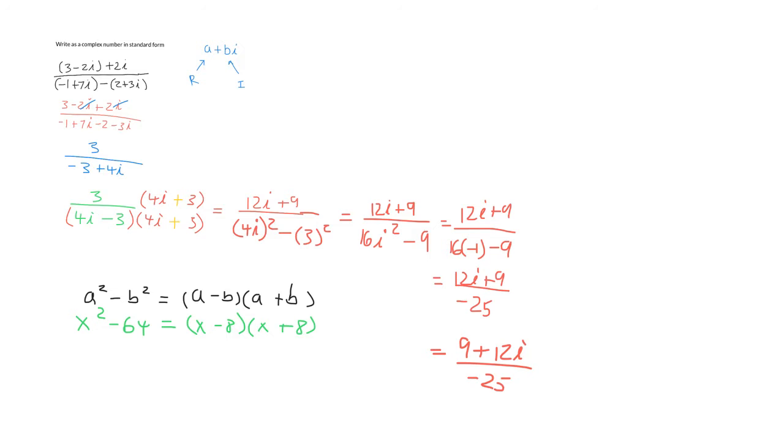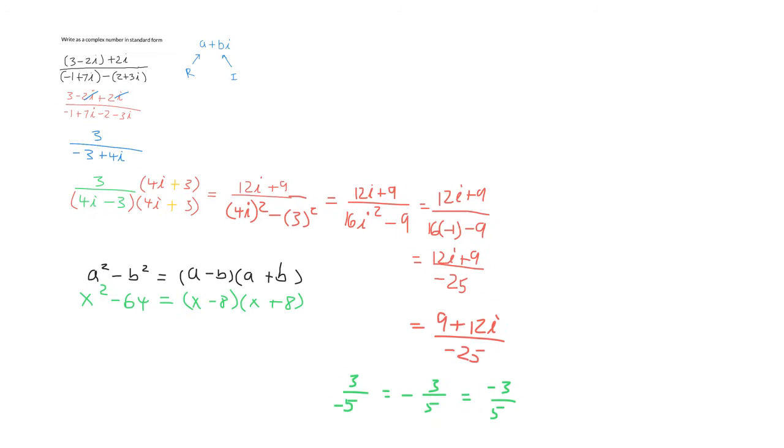So in other words, imagine for a moment, and this is an unrelated situation, that you had 3 over negative 5. Well, that's equal to negative 3/5, and that's also equal to negative 3 over positive 5. Hopefully my student at home realizes that all three of these are equal.